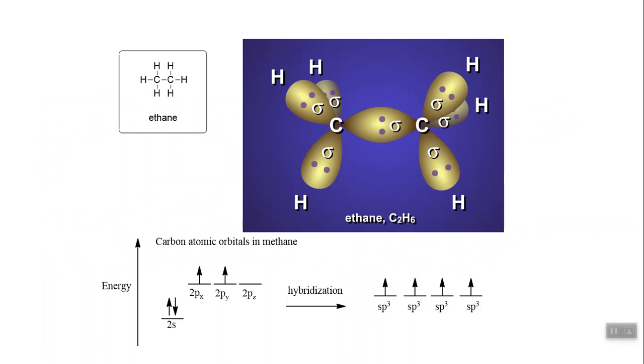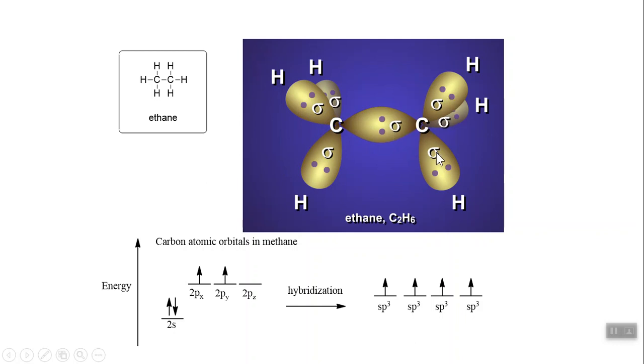We can uncover a little bit more and picture what these hybrid orbitals look like. This is an example of sp3 orbitals, shown forming sigma bonds. Each of these carbons has 4 equivalent sp3 orbitals, and 3 of them are forming sigma bonds to hydrogens, and then one from each of the carbons is forming a sigma bond with each other.